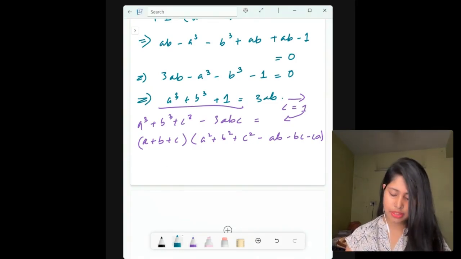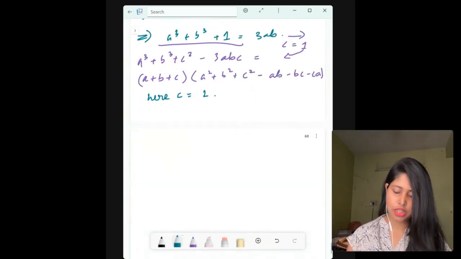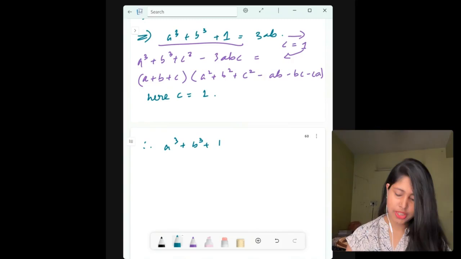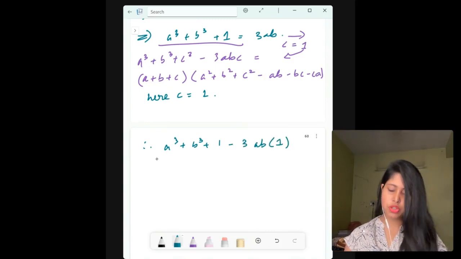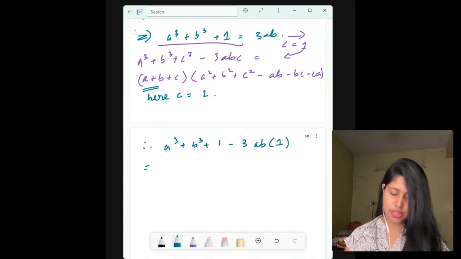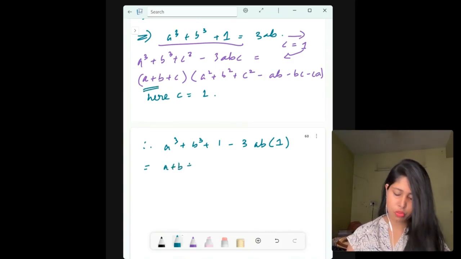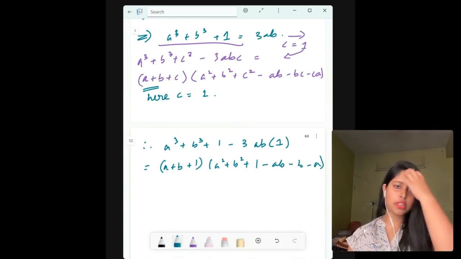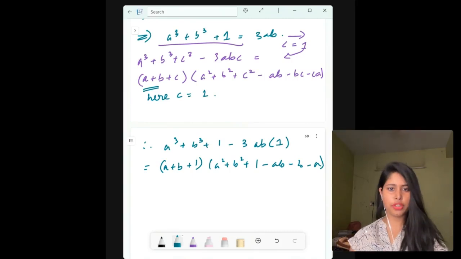Here c is equal to 1, therefore a cube plus b cube plus 1, 1's cube is 1 only, minus 3 into ab into 1 will be equal to a plus b plus 1, then a square plus b square plus 1, c square is 1 only, minus ab minus b minus a. So this is the solution we get for this equation.